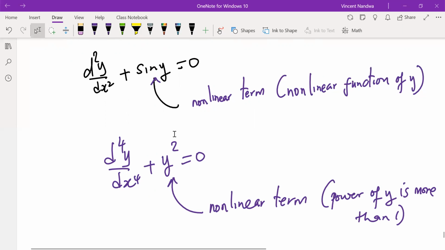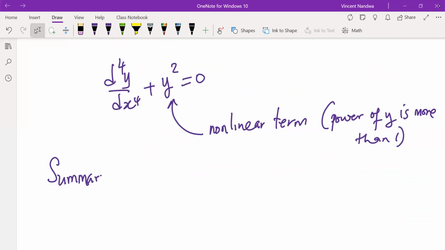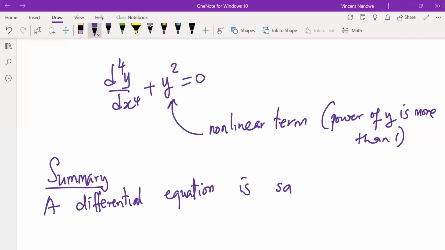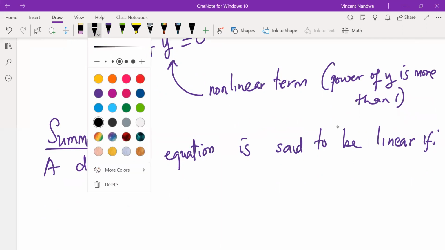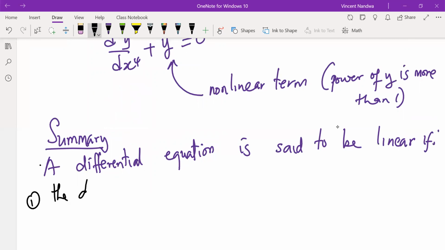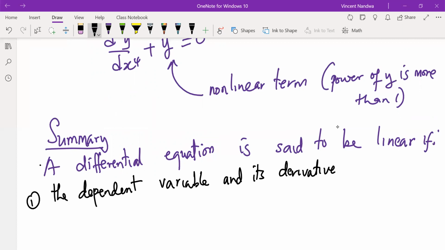So just in summary, a differential equation is said to be linear if there are some conditions that should be met for you to conclude that what you have is linear. 1, the dependent variable and its derivatives occur to the first power only.